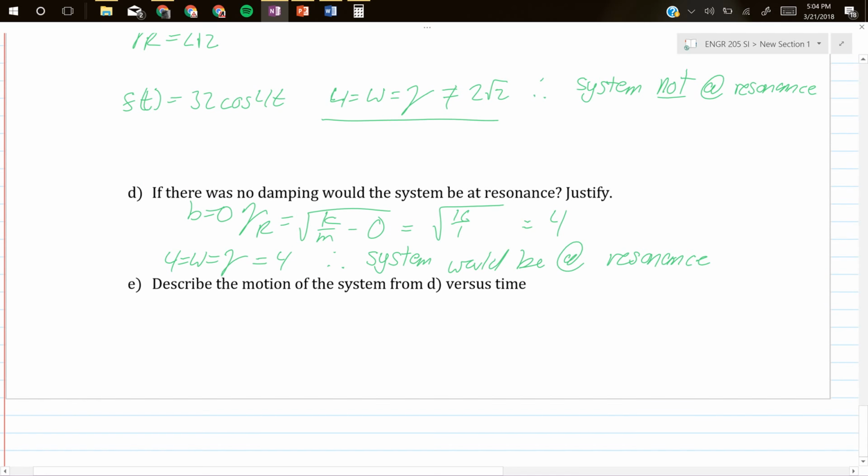Now let's describe the motion of the system, displacement versus time.